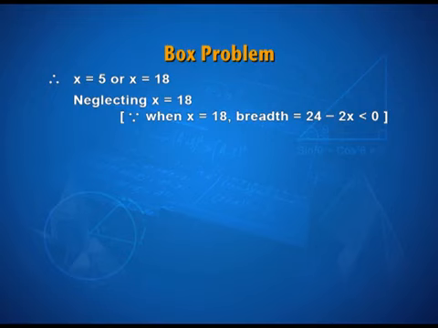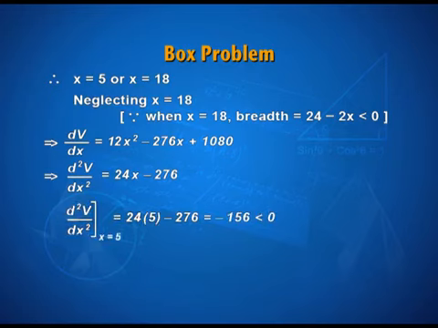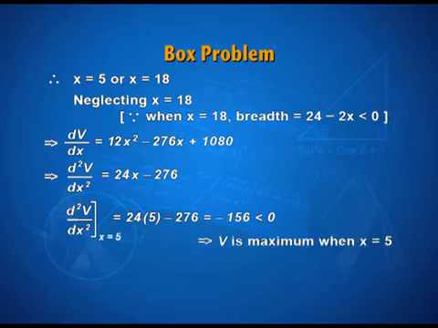Is x equal to 5 a point of maxima or minima? It can be decided by the second derivative. Second derivative is 24x minus 276. At x equal to 5, it is a negative quantity, less than 0. Second derivative test implies that the volume, that is the V function, is maximum when x is 5.